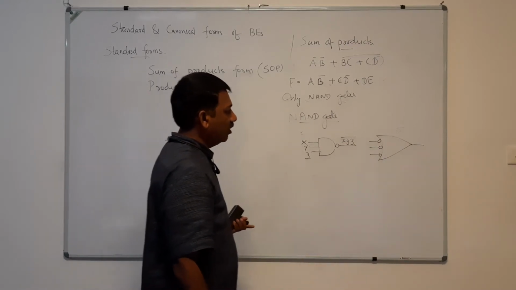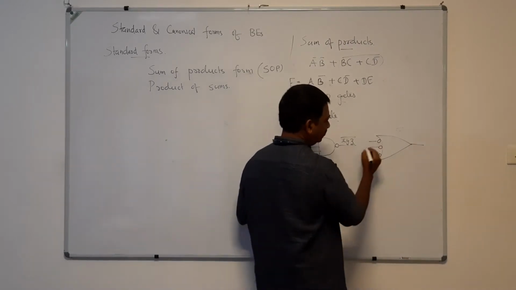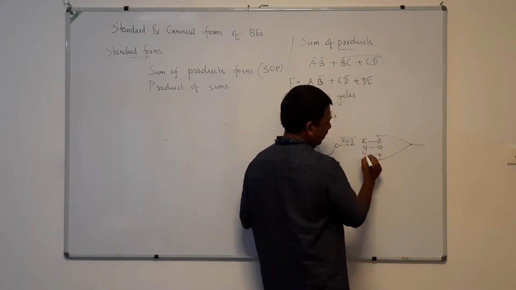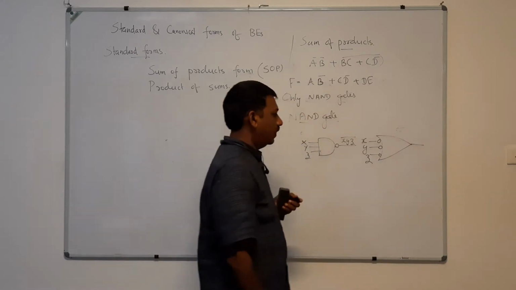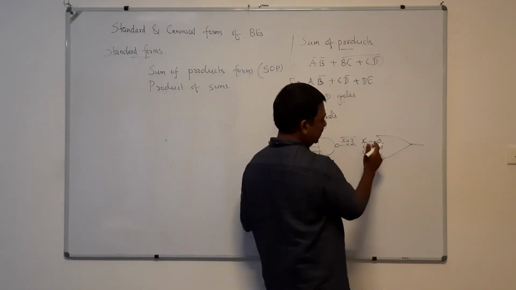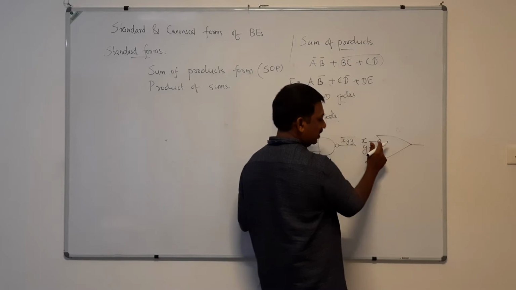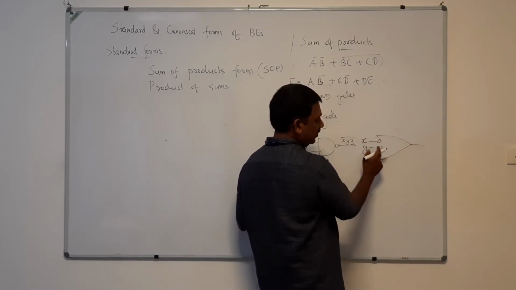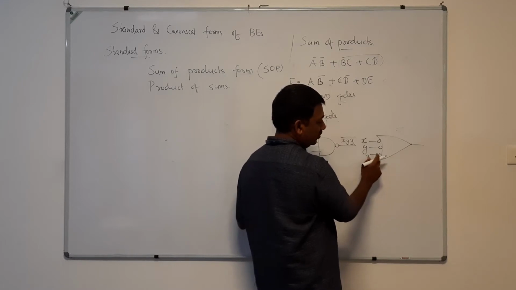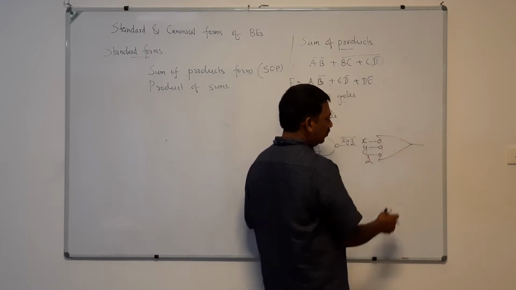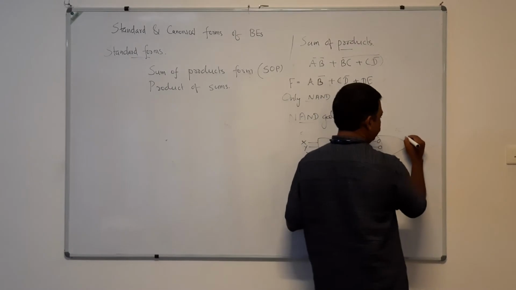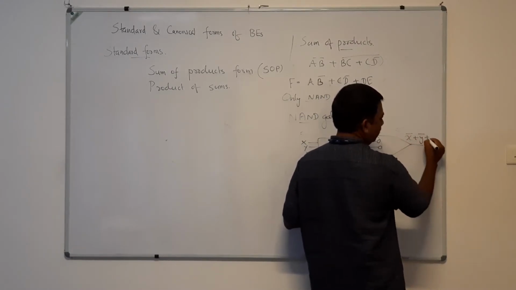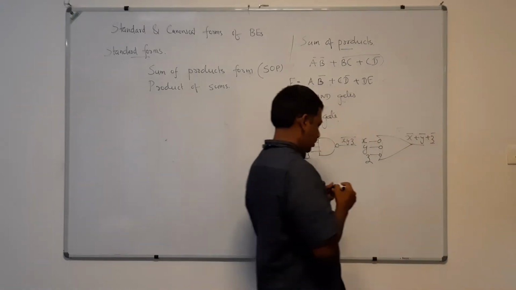And here you give x, here y and here z. The input is converted to x bar, y bar and z bar, and then you do the adding operation, and the output will be x bar plus y bar plus z bar.